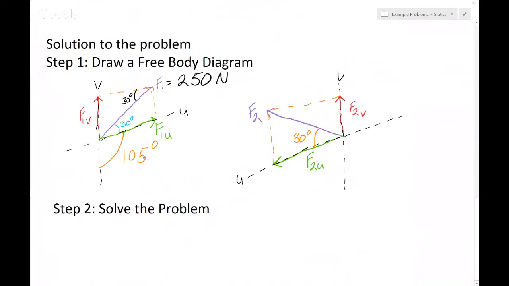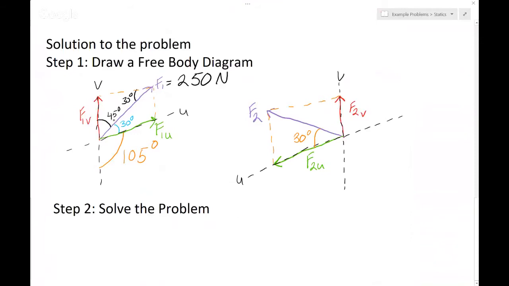Since this is 105 and this is 30, then we know that we end up with 135 degrees. And so to get our full 180, we can tell that this remaining bit of angle has to be equal to 45 degrees.